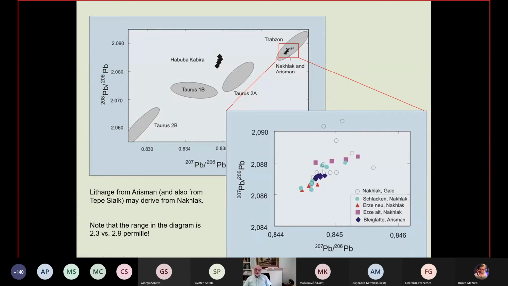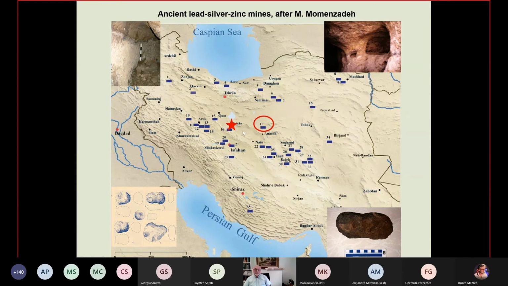And therefore, if you have such a small variation, not only in the ores, but also in the litharge that we have found in Arisman, then you can pinpoint it. This means that in the late 4th millennium it was possibly already necessary to transport the lead ore, or maybe the lead, over 400 kilometers to the west, maybe because there was much more fuel than in the middle of the Dashti Kavir desert.